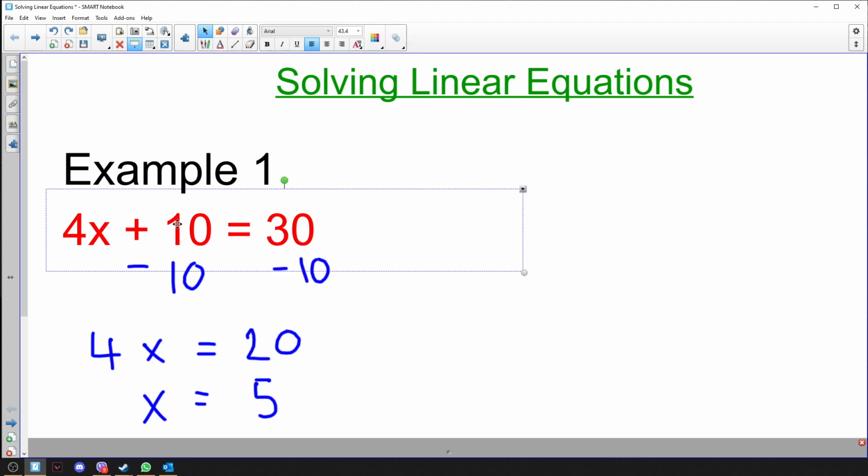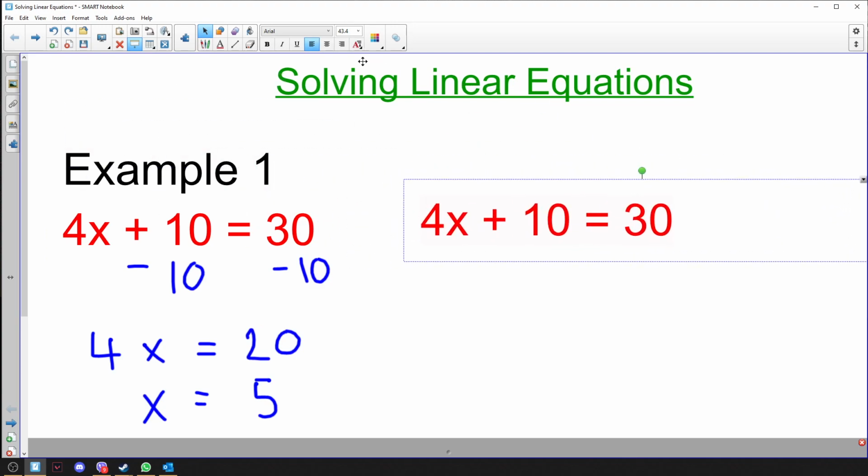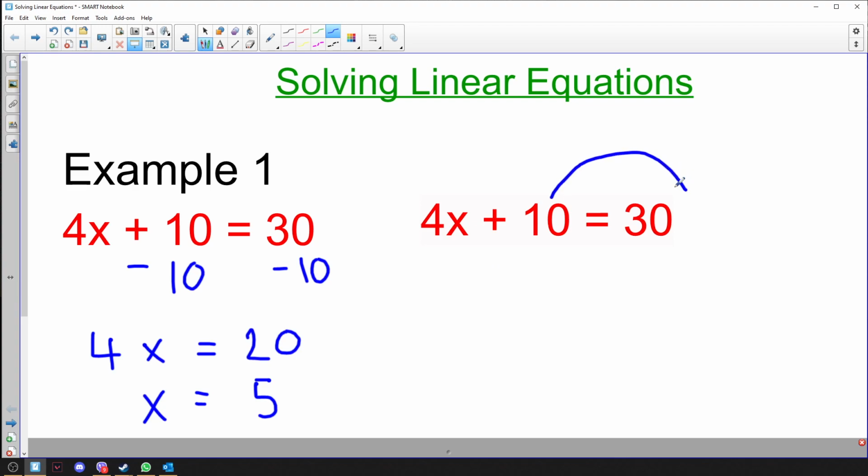Another way is, I'm going to copy this over here. I can use this and show that I'm bringing it to the other side. When I bring it to the other side, it starts off as a positive, and bringing it over, it becomes a negative. So 4x equals 20, same as the previous method.